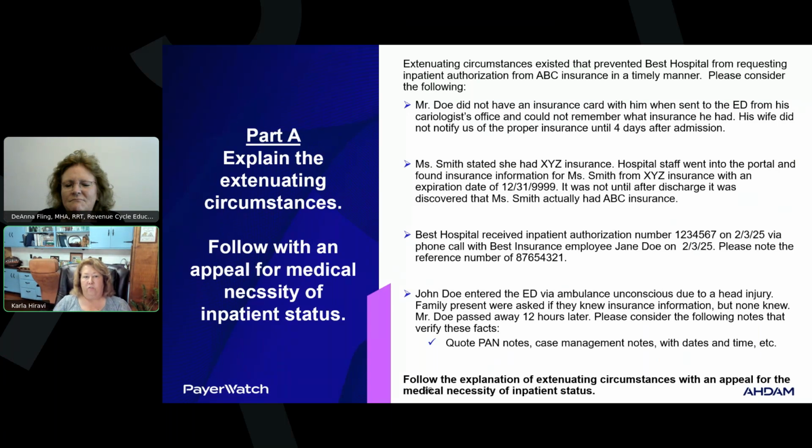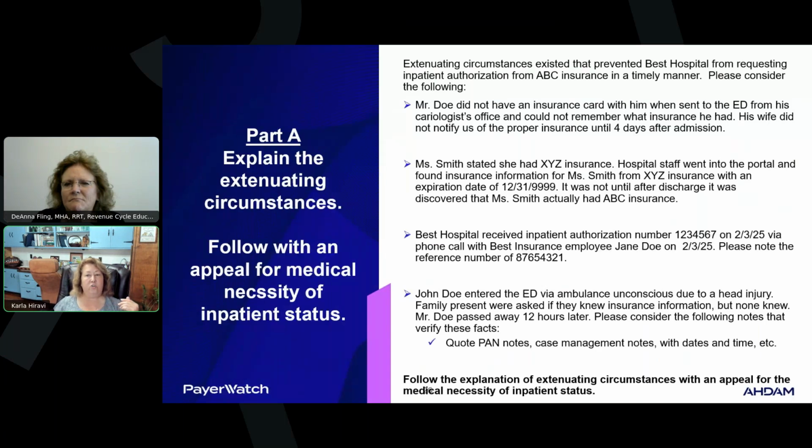You need to adapt it, of course, but you need to use the words extenuating circumstances: these extenuating circumstances existed that prevented the hospital from requesting inpatient authorization in a timely manner. Please consider the following. Here are some examples for you.